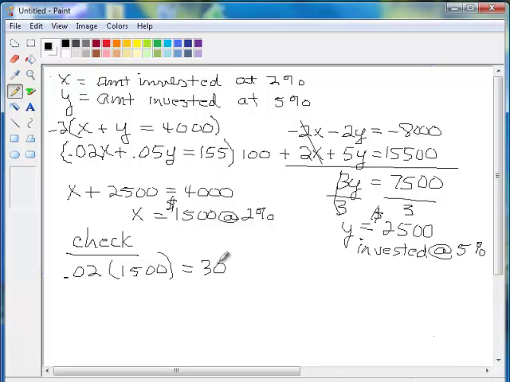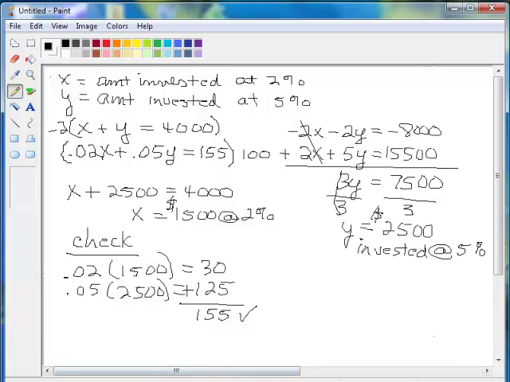So $30 was earned at 2%. The 5% account was $2,500 invested. Multiply that and get $125 earned. If I add that, I get the $155 of interest earned, so this problem checks out.